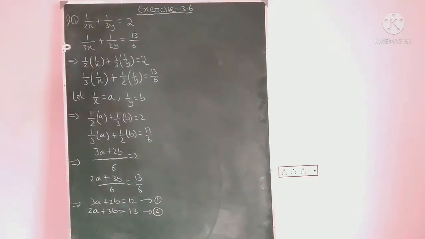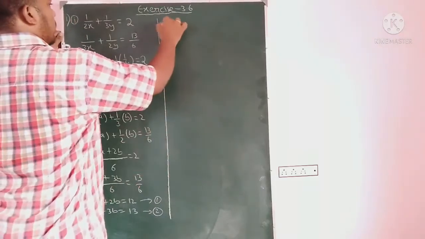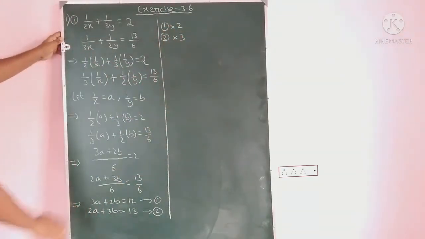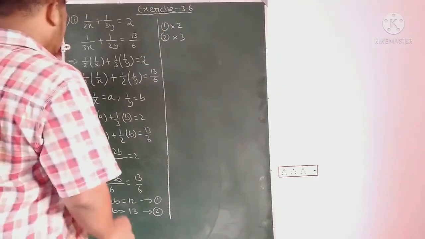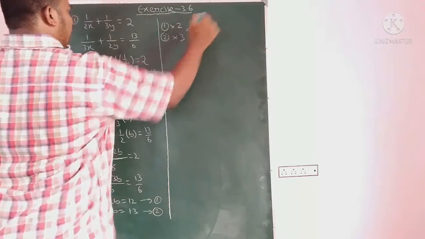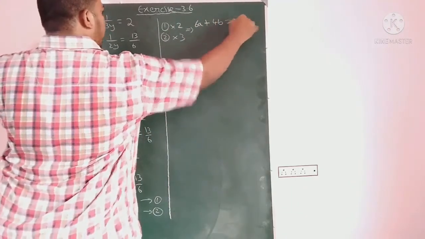So now, choosing the elimination method. Equation 1 into 2, equation 2 into 3, multiplying with the a coefficient. First one with 2: 2 3s are 6a plus 4b equals 24.